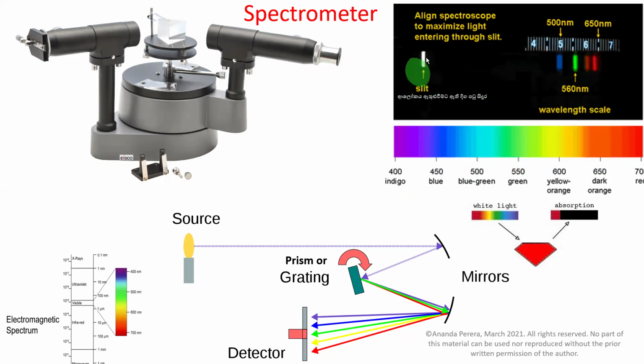This is the slit. Slit means we can control the incoming light ray by adjusting it. If we need a smaller amount of light, we can adjust it like that. Align the spectroscope to maximum light entering through the slit.